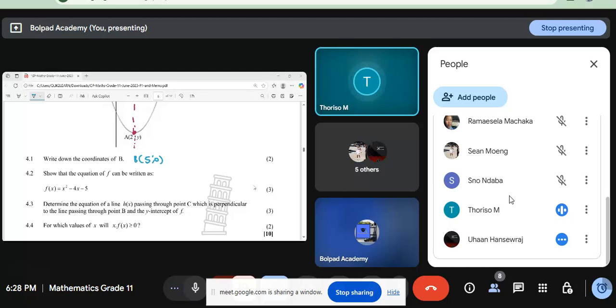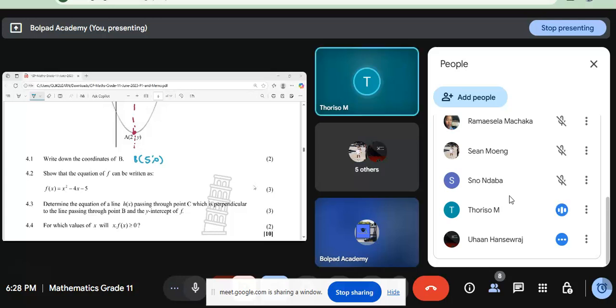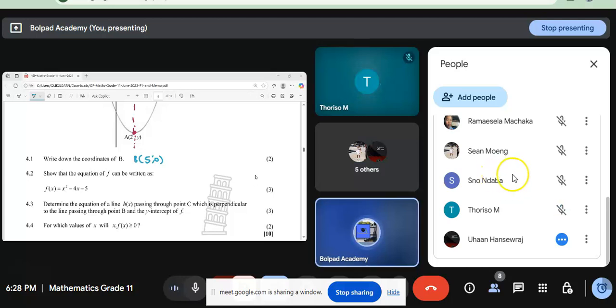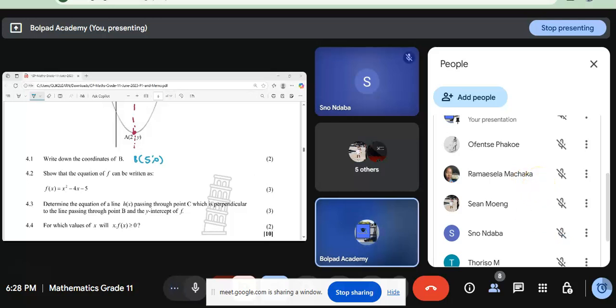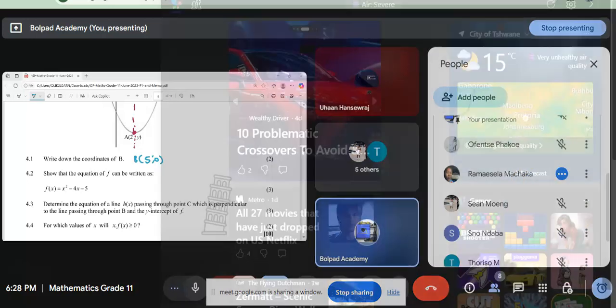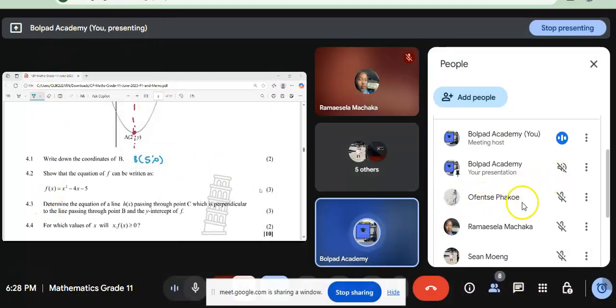I'm good, thanks. How are you, sir? I'm good. Do you understand how we got the coordinates of B? Yes, sir, I do. Okay, Snotile, do you understand? Yes, sir. Okay, Azza, do you understand how we got the coordinates of B? Yes, sir. Okay, great.